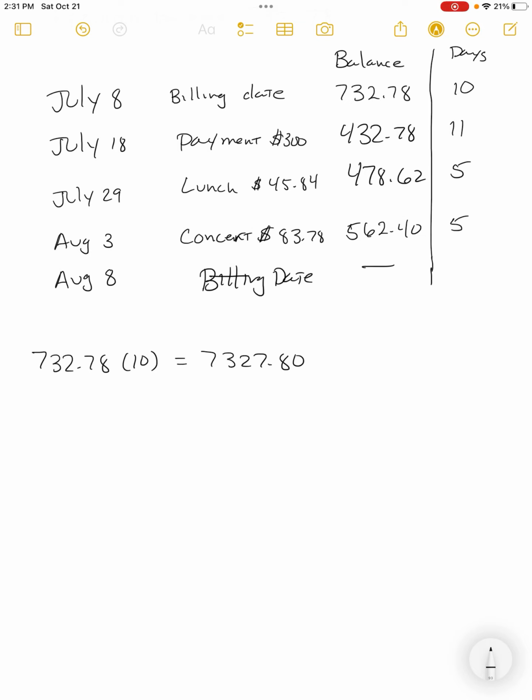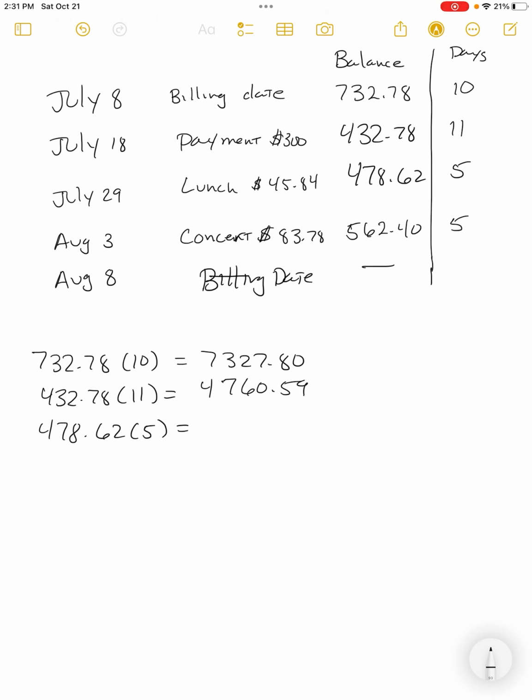Then I take my 432.78 and multiply by 11, so let me write that down, 432.78 multiplied by 11, and I got $4,760.59. So I'm showing all these individual steps because I just want you to be able to trace your work and we can compare.